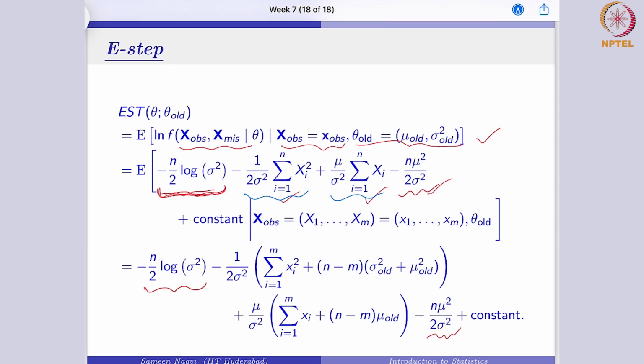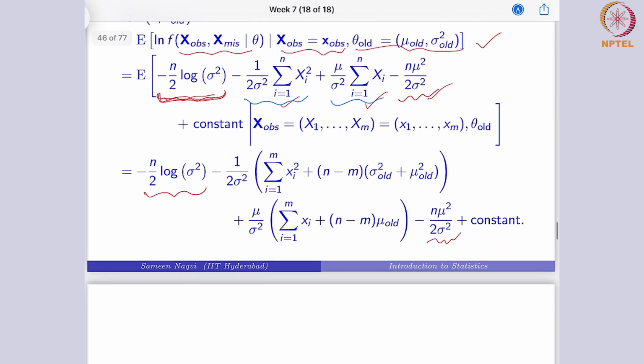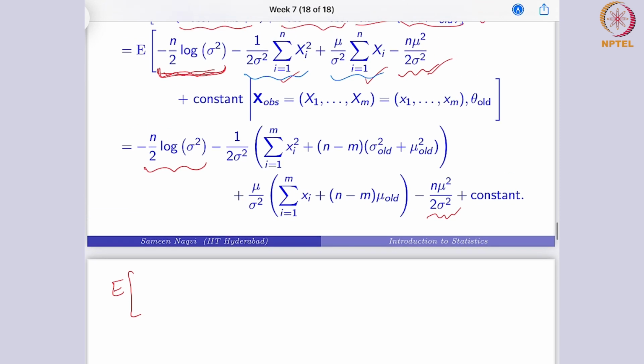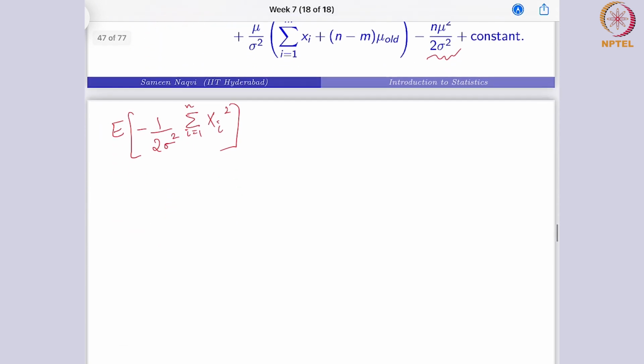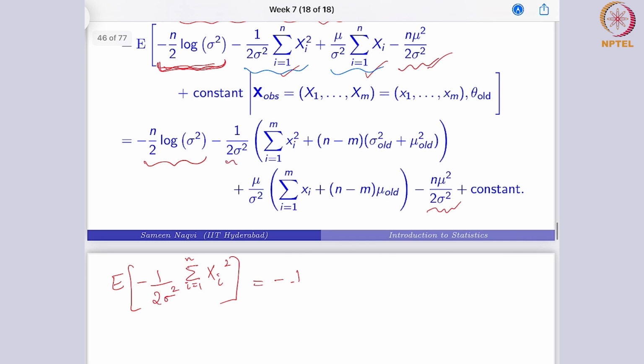So I can add one page over here. Let me just show you how it is done. I have to find the expectation of minus 1 by 2 sigma square summation xi square, where i goes from 1 to n. So let us solve this. Obviously minus 1 by 2 sigma square is going to come outside, and we do not have to worry about it because anyhow it is present over here.